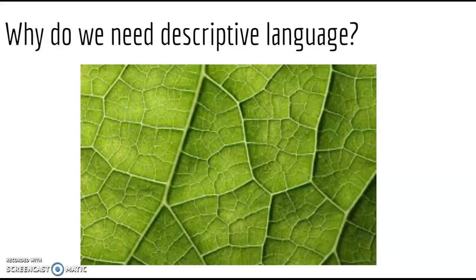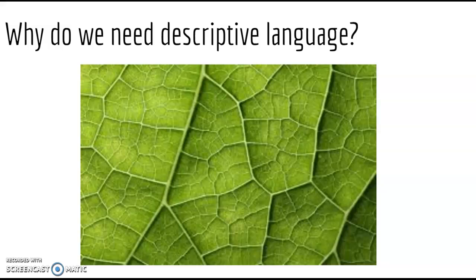So in both fiction and nonfiction texts, we need descriptive language so our audience can visualize exactly what we are visualizing. I chose this picture of a leaf because it's a very close-up, detailed picture.